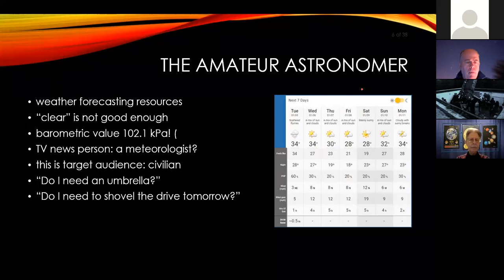I also wanted to address that the weather resources that you might casually monitor are usually not appropriate. The nightly news, after the various news stories, when they talk about the weather for the next week and so on, that is usually not at all useful for astronomers.